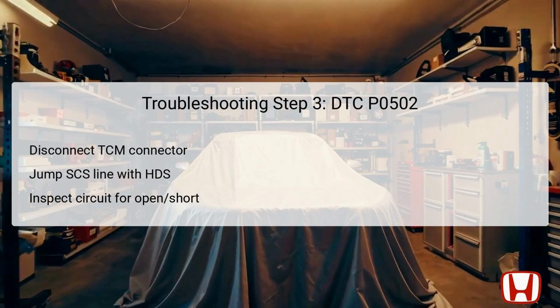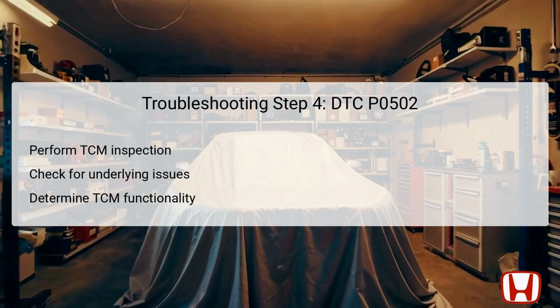Following this, inspect the TCM's related circuits, VCC3, VEL, PWM, and SG3 for continuity to ensure they are not compromised. Each circuit should show less than 1 ohm of resistance when checked for open wires. This process is critical to identifying whether an open or shorted circuit is present in the system.